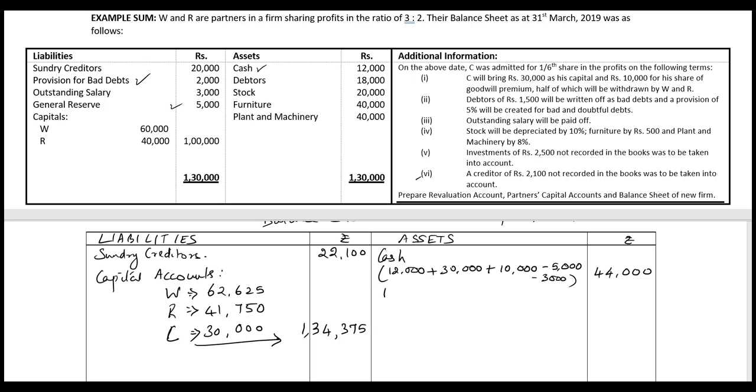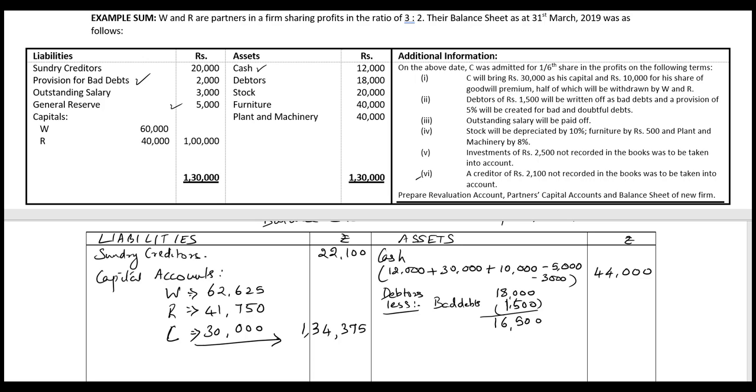Next, debtors. The original figure of debtors 18,000 rupees less bad debts, which amounted to 1,500 rupees.